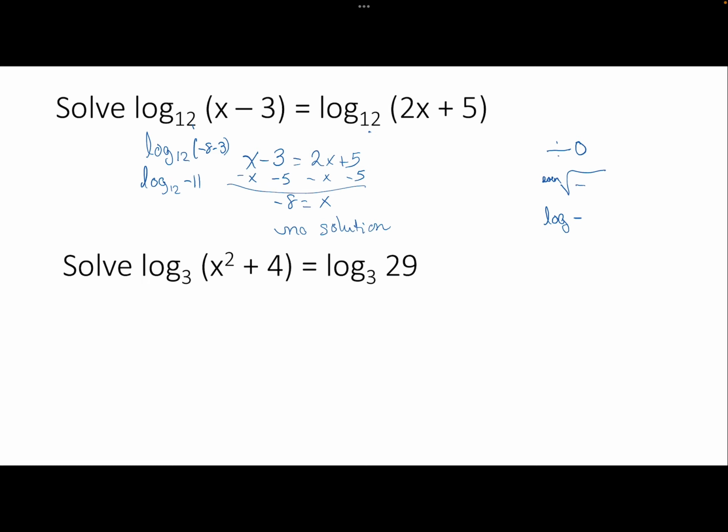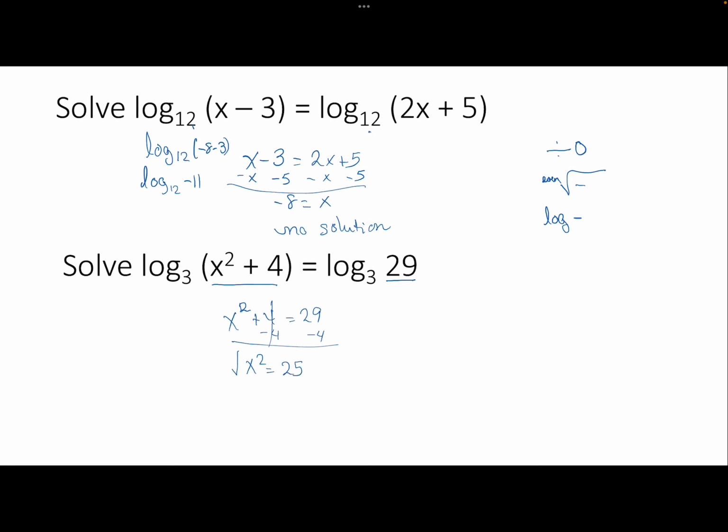Last example, since the log base 3 of x squared plus 4 equals the log base 3 of 29, we can't change that to an exponential. We just say x squared plus 4 is equal to 29. So if we subtract 4 from both sides, x squared equals 25.